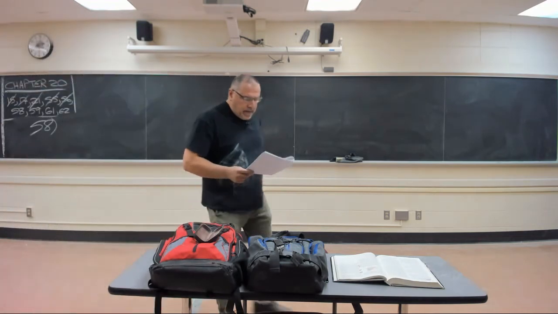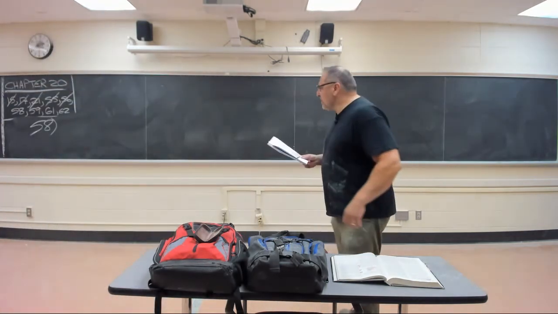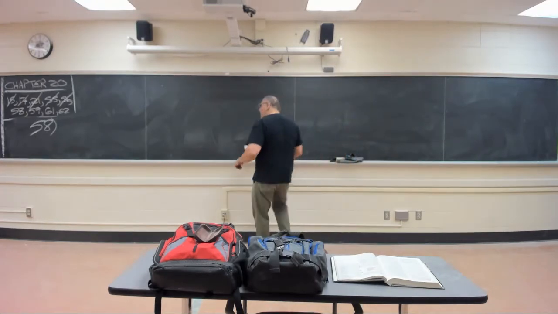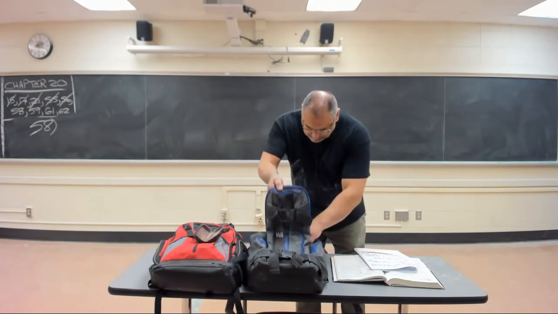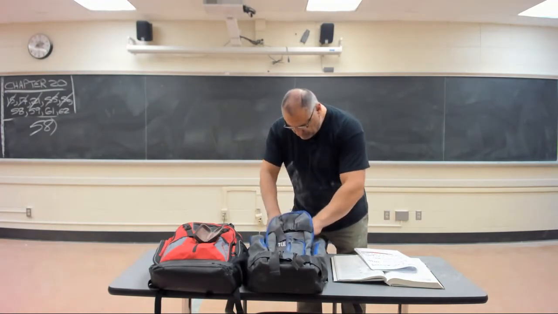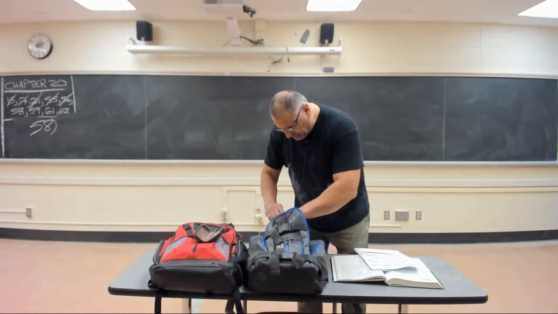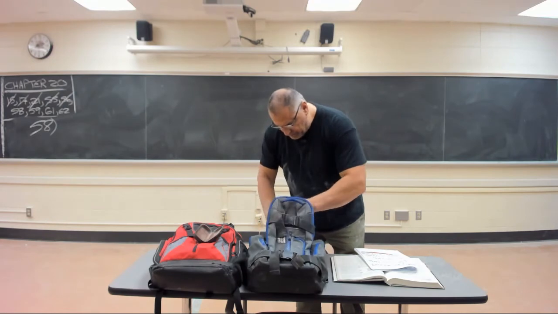Okay, guys. So let's see what we got here. We've got problem number 58. I was able to straighten out the microphone, so that's good. So we should be okay to get through this.